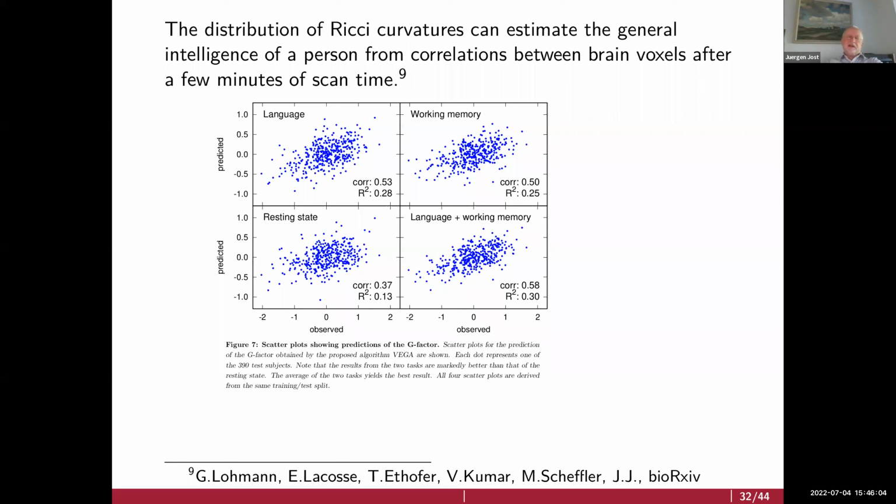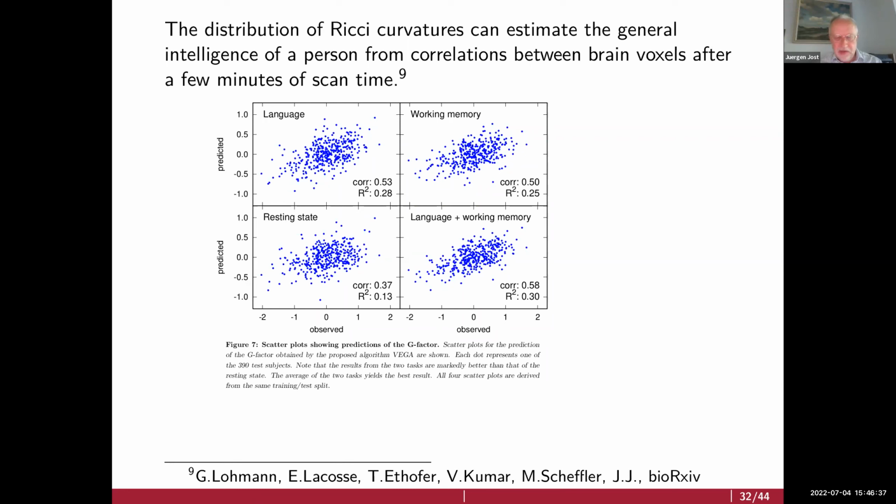And then we measure the brain activity with fMRI and the steps that I had explained. And then we want to infer the general intelligence of that person. So in other words, we put you into a scanner for a few minutes, let you solve some simple task, and then we want to estimate your IQ, and it turns out that we can do that actually quite well by, again, using the Ricci curvatures here.